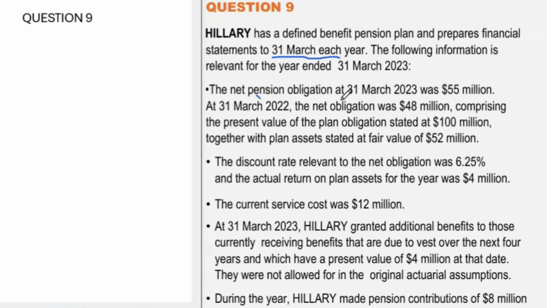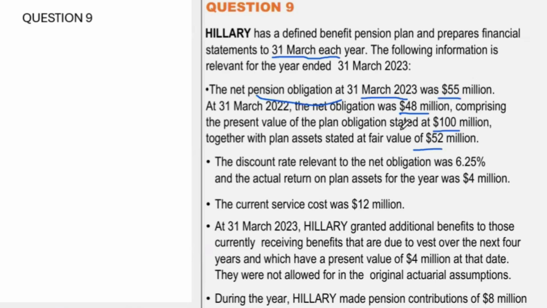So we have net pension obligation at 31st March 2023 was 55 million. As at 31st March 2022, the net obligation was what? 48 million, comprising present value of plan obligation stated at 100 million together with plan assets stated at a fair value of 52 million. So check.